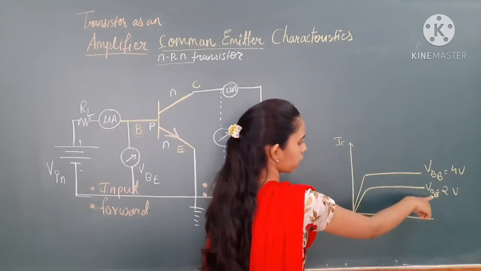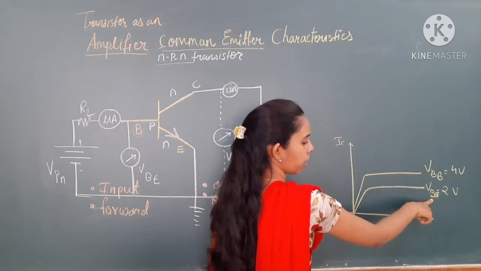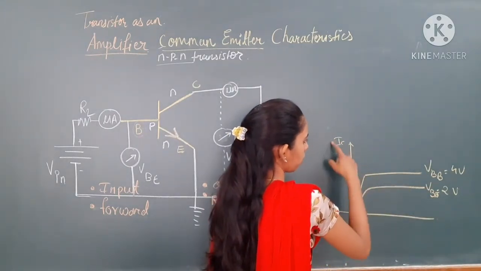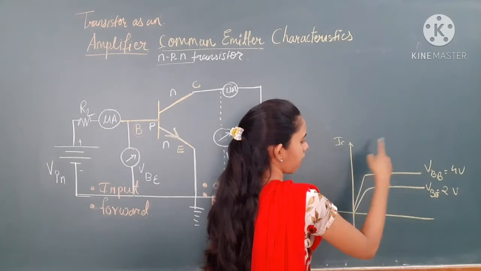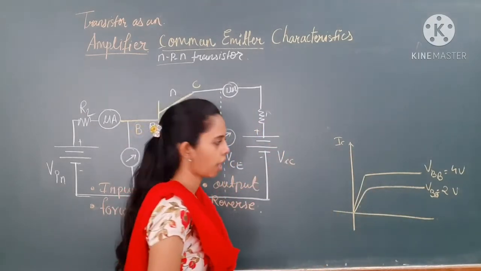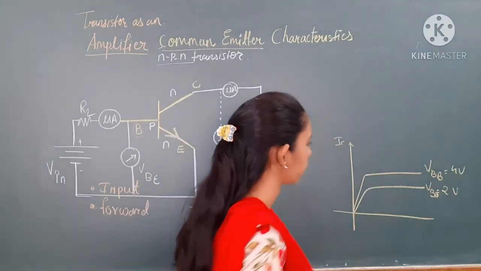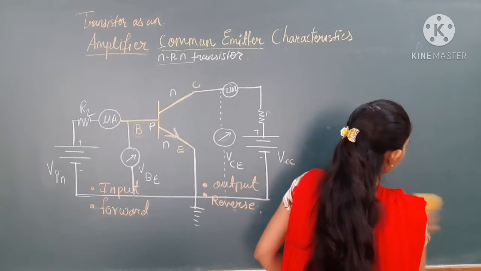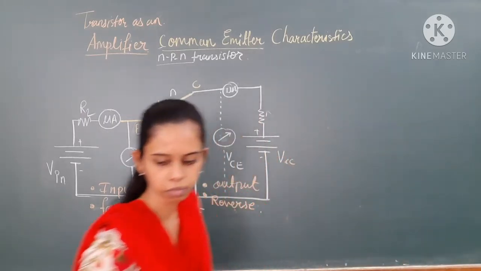If the input voltage is varied, there is a lot of change in the collector current, or the output current, or the output voltage. So according to this diagram, a small change in input gives a large change in the output.